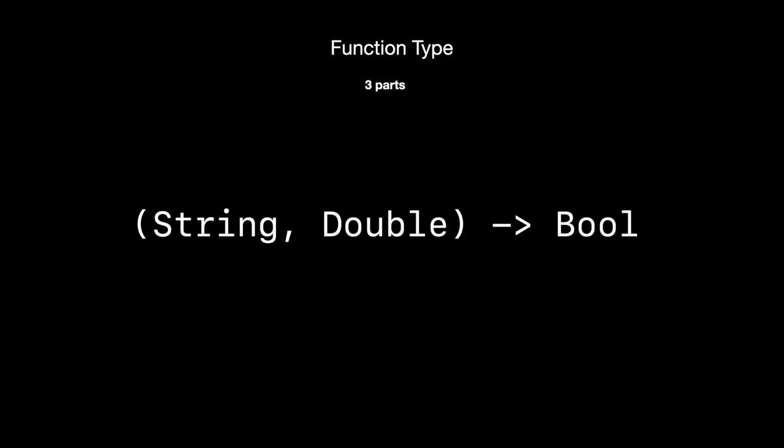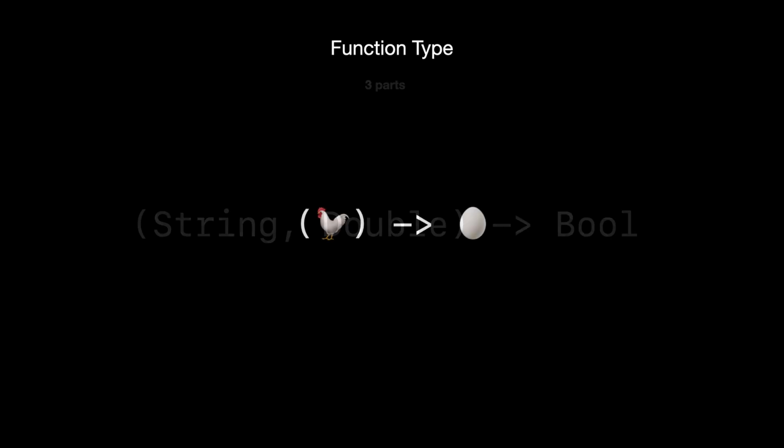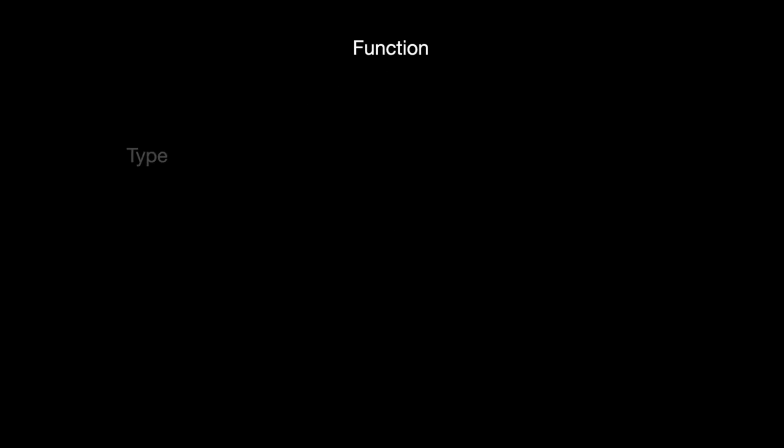Here we have 2 parameters, string and double, with a return type of bool. This function type accepts a chicken and returns an egg. And yes, if chicken and egg are defined as types, then this would be a valid function type. Okay, that was function types.